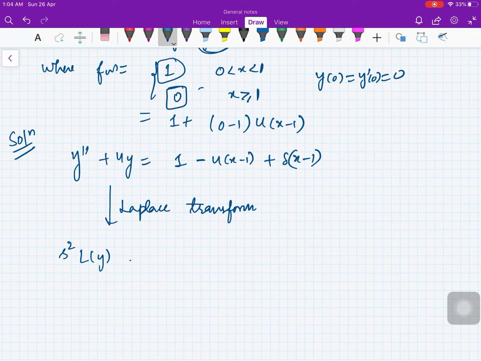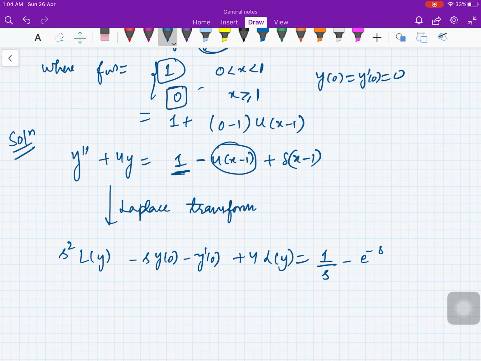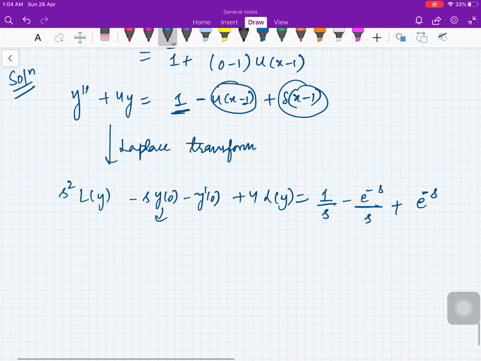We'll get s square L of y minus s y of 0 minus y dash 0 plus 4 L of y is equal to, on the right hand side, for 1 you will get 1 by s. For this function I just told you that the Laplace transform is e raised to power minus s, because a here is s, 1 upon s, plus for this function we just saw that the Laplace transform is e raised to minus as.